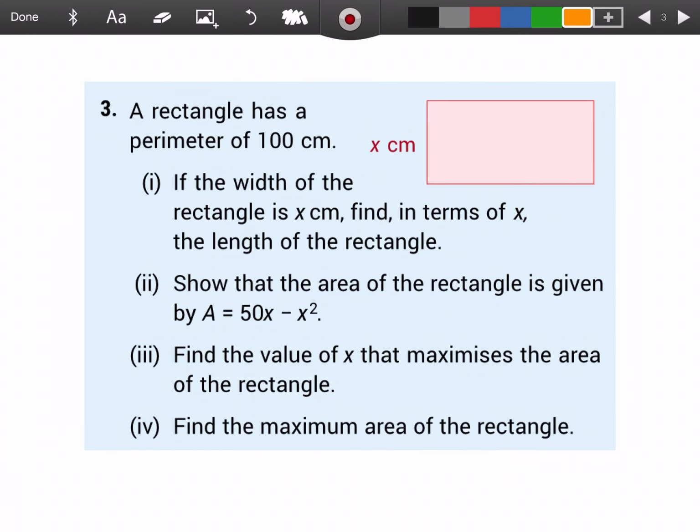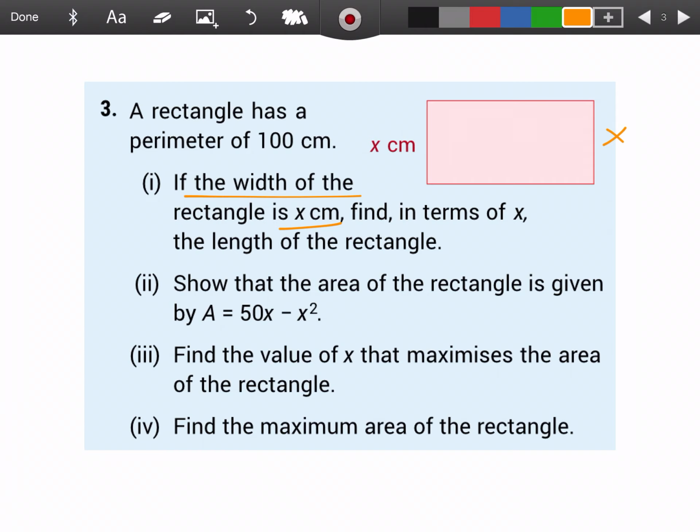So question 3 is very similar. If the width is x, find in terms of x the length of the rectangle. It's telling me that the perimeter is 100. So you can imagine this and that are the two widths, and overall it has to be 100.